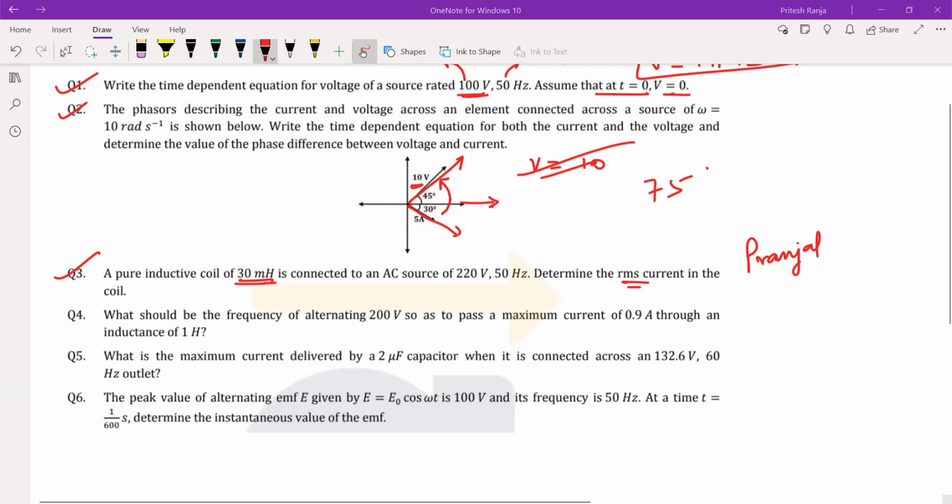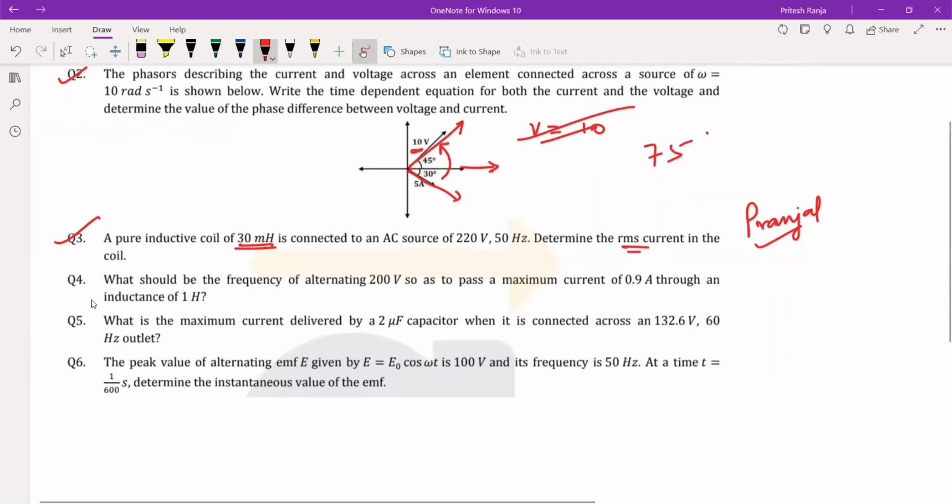Pranjal says 23.4. You have to find RMS current. Yes, that's correct, 23.4.